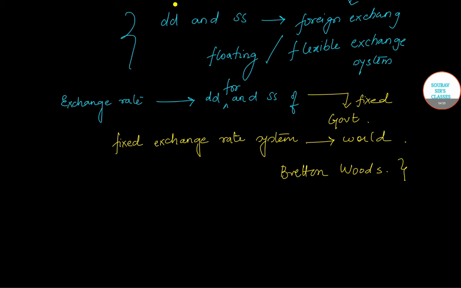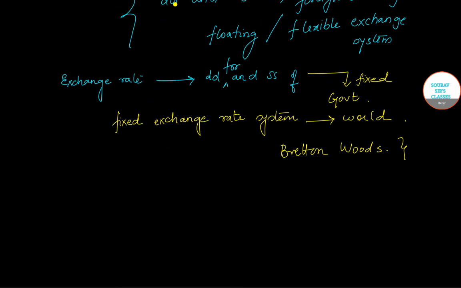Now what you should note is that under this particular system, the exchange rate is not determined by the demand for or supply of foreign exchange, but it is actually fixed, or you can use the word pegged, at a certain rate. So it is predetermined by the government itself.